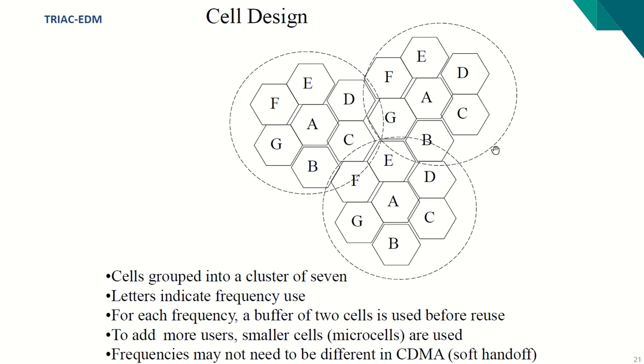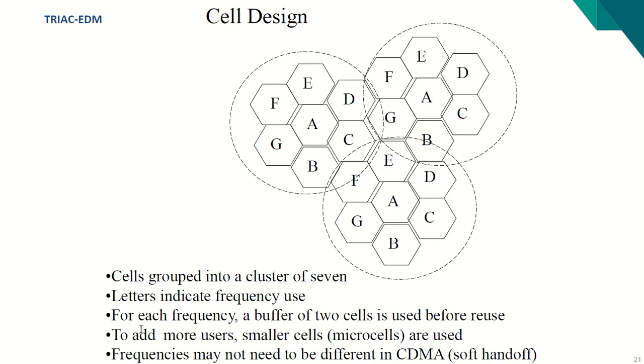And then we have another cluster which has the same set of channels and same set of structures. So from A, B, C, D, E, F, G, A, B, C, D, E, F, G, it's a cluster of 7. Then the letters indicate frequency use. So A uses the same set of channels.